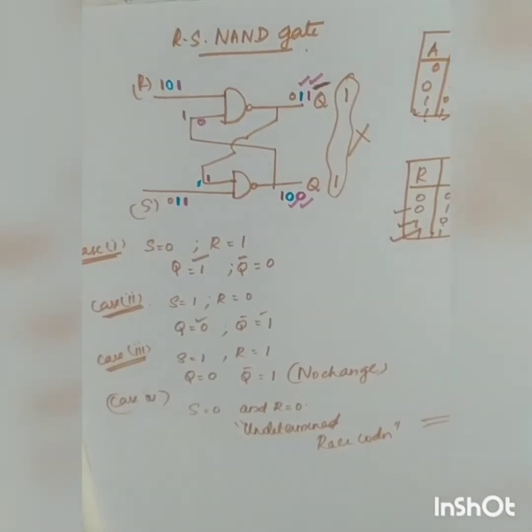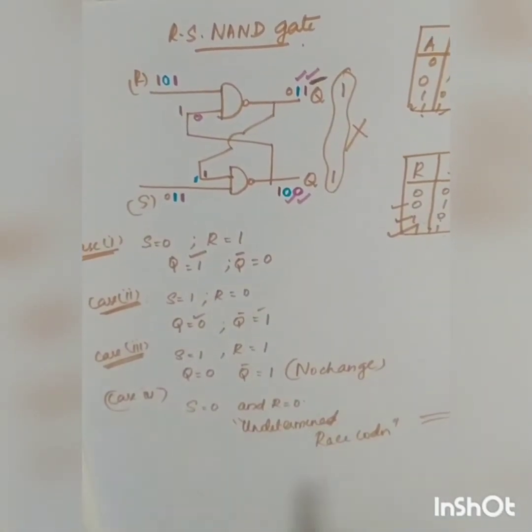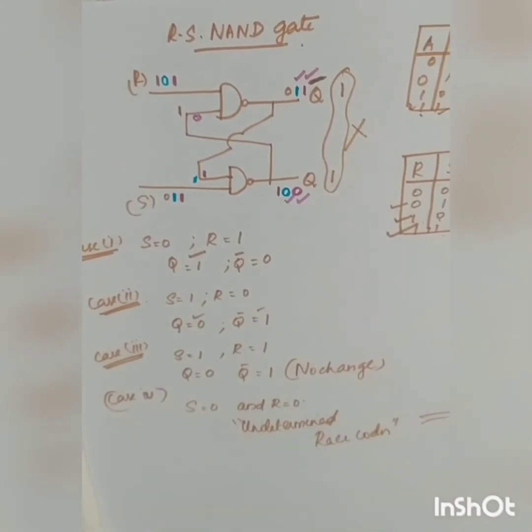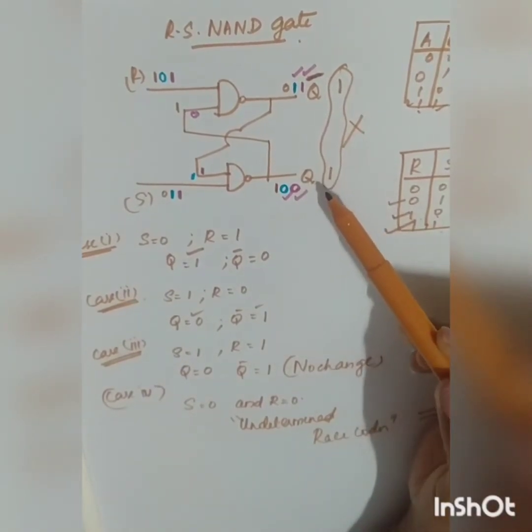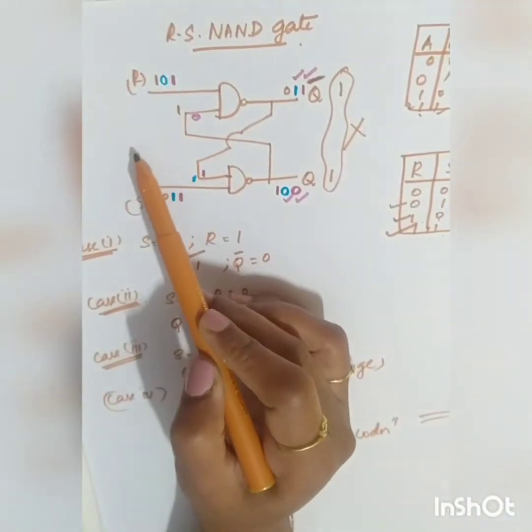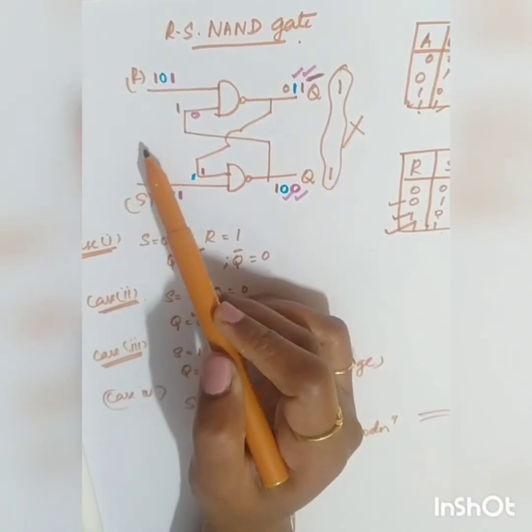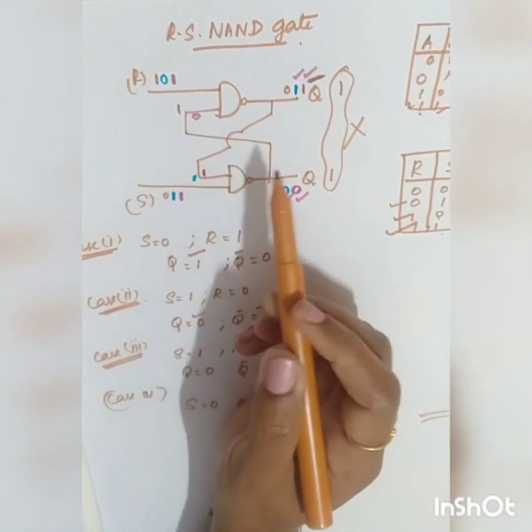So this is your RS bistable. Now next you are going to study about D flip-flop. So now this is called a latch or bistable. If I am going to add a clock, then it is called a flip-flop.